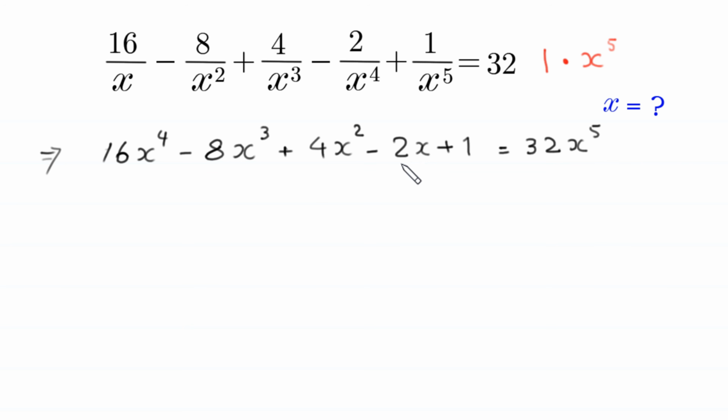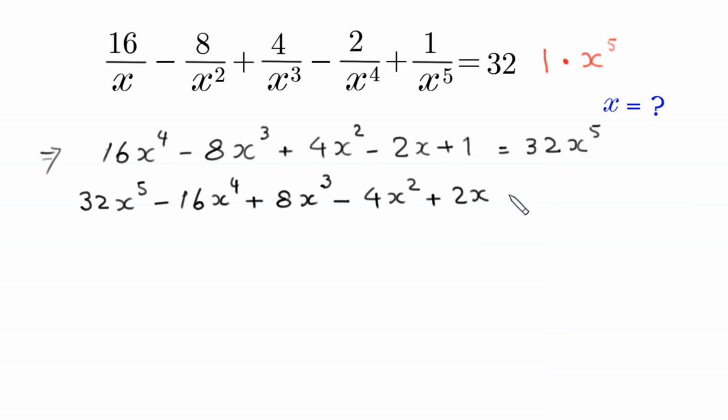Now we move all these terms to the right hand side. Then this equation will become 32x to the power 5 minus 16x to the power 4 plus 8x cubed minus 4x squared plus 2x minus 1 is equal to 0.